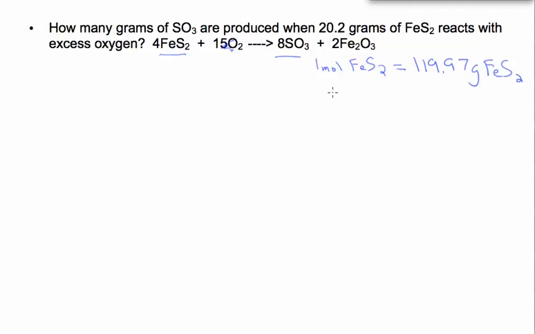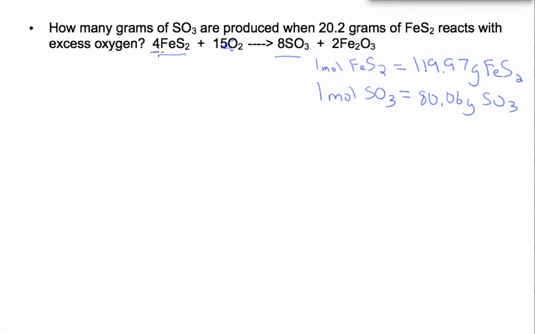We're also going to have to use 1 mole of SO3 equals the molar mass of SO3. So 16 times 3 plus 32.06 gives you 80.06 grams of SO3.